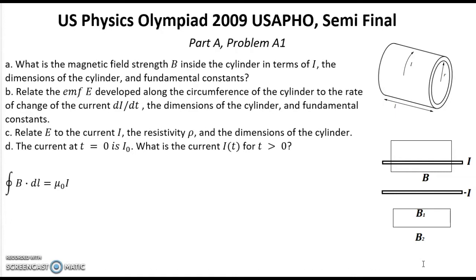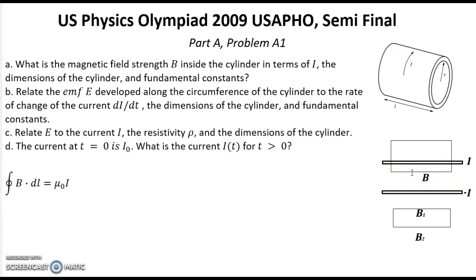Now let's find the magnetic field inside of this cylinder. We can use the same formula of Ampere's law. Now we can see that due to symmetry the magnetic field inside of this cylinder is the same on this line.